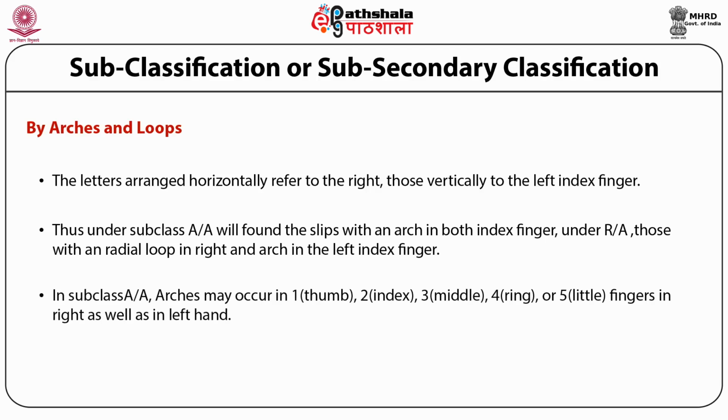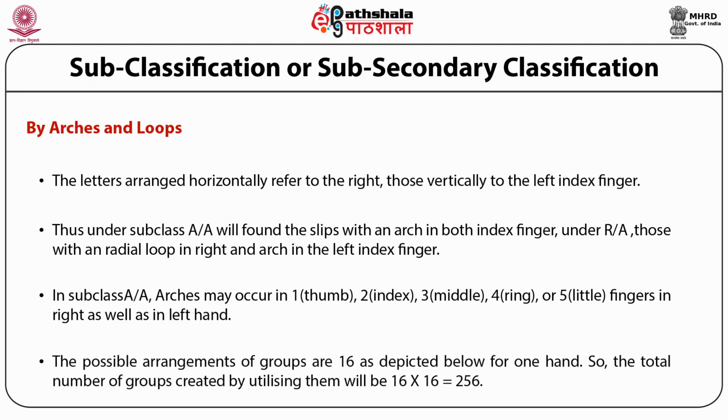In the subclass A by A, arches may occur in first thumb, second index, third middle, fourth ring or fifth little fingers in right as well as in left hand. The possible arrangement of groups are 16 as depicted for one hand. So the total number of groups created by utilizing them will be 16 multiplied by 16, that becomes 256.